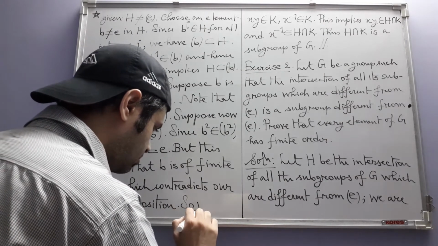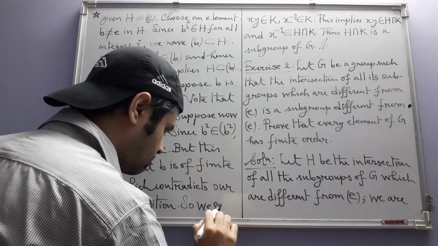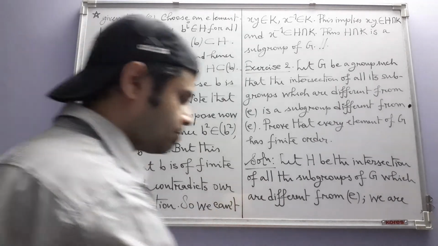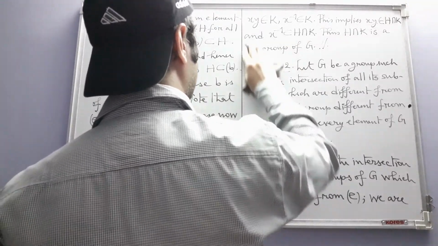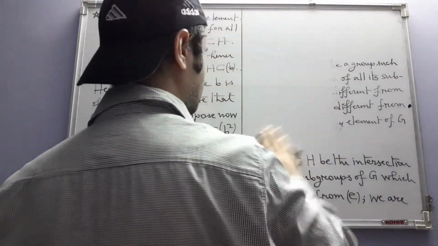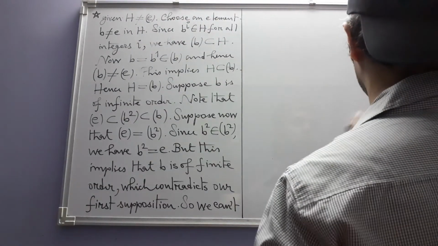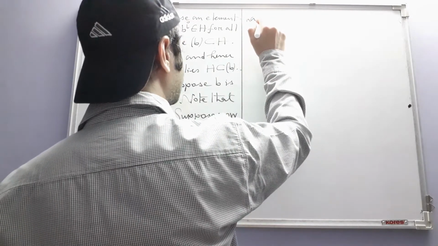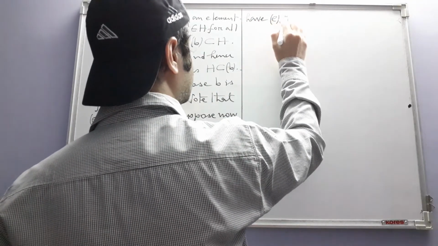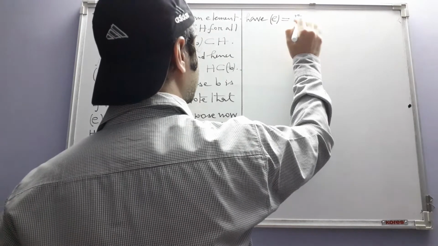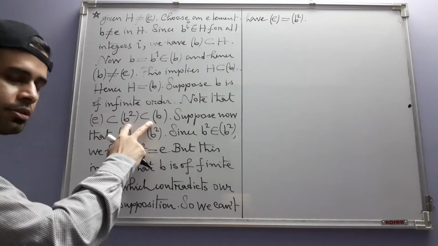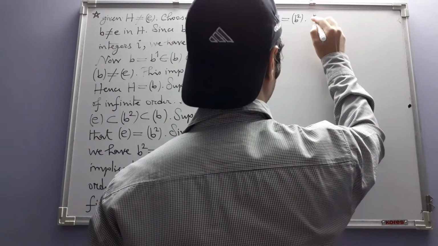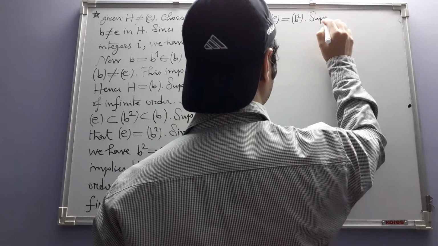So we can't have this is equal to B square. Similarly, now we are going to prove that here also we cannot have equality, again by supposing exactly the opposite.